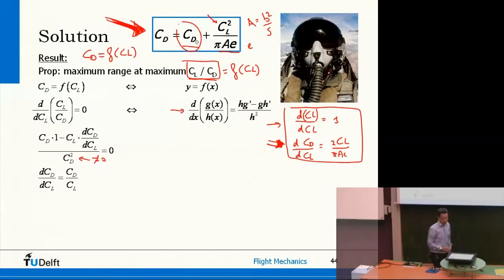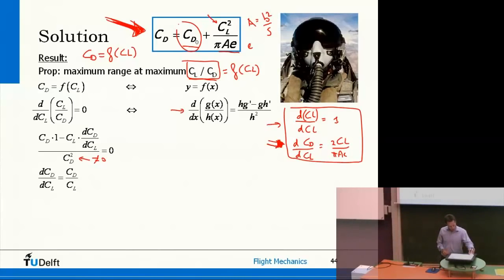I get 2CL over pi AE, then the lift-drag polar divided by CL. So if I solve that, this in here is just a bunch of constants, and it's CL in there, so you can solve that.